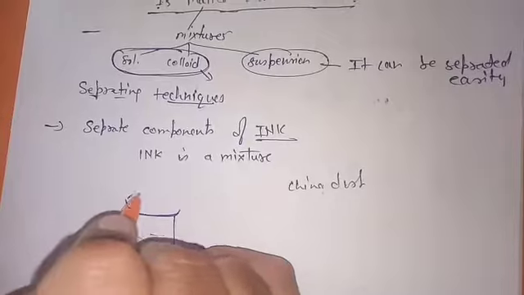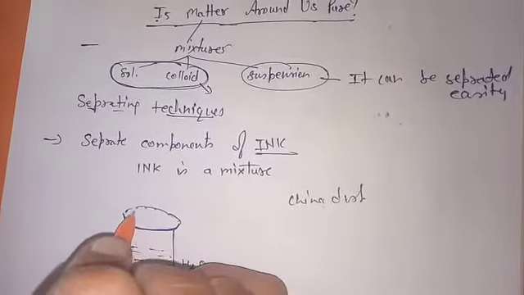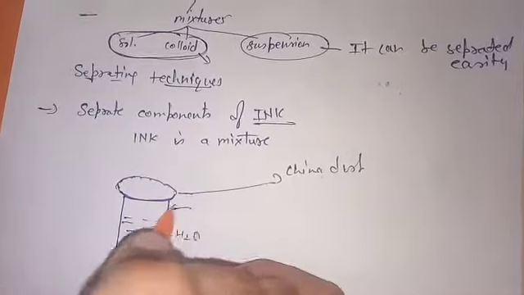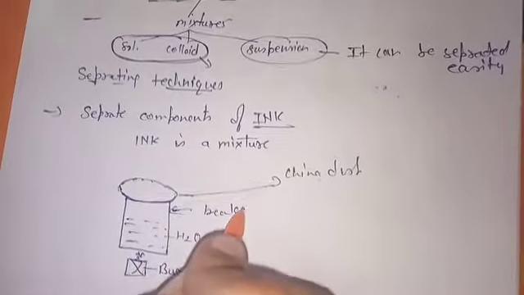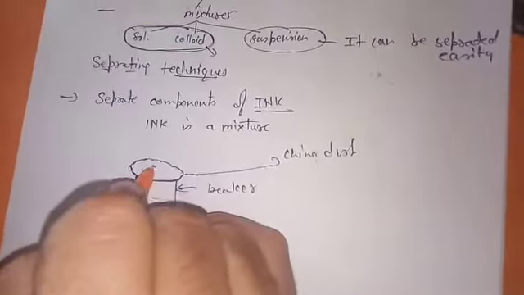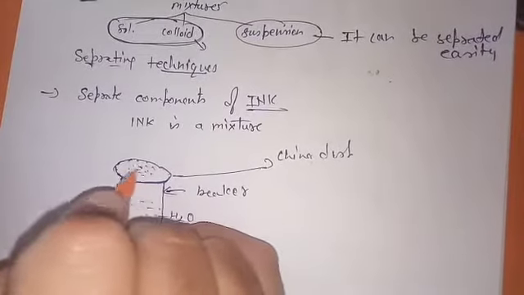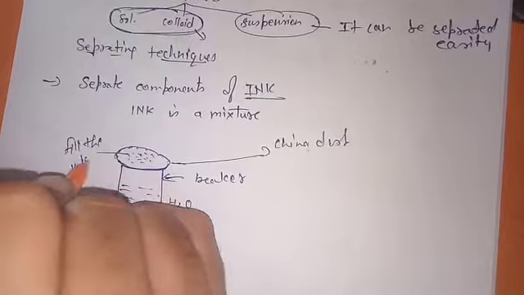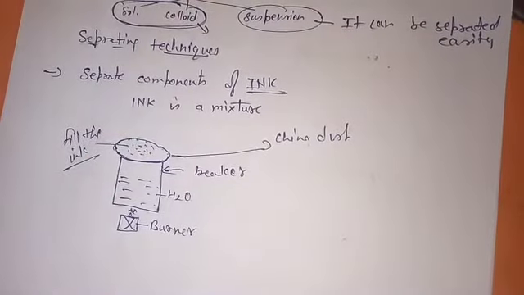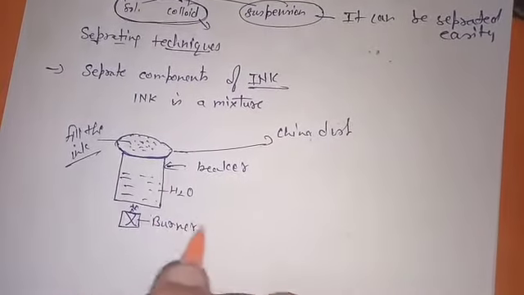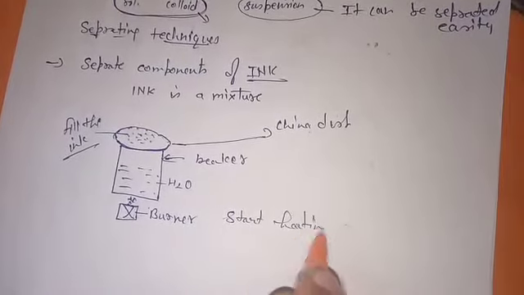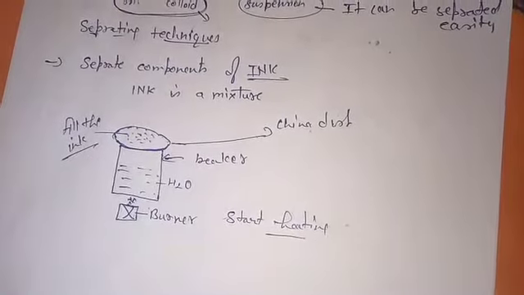This is the china dish over your beaker. Now over here you will fill the ink. When you start heating, you cannot heat the ink directly.